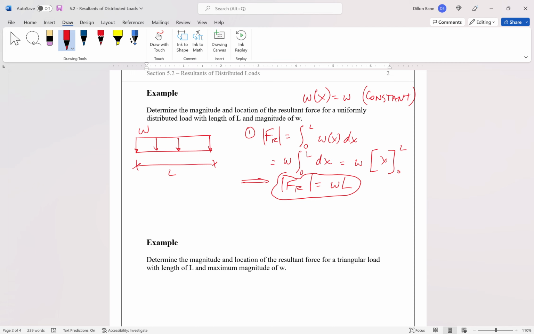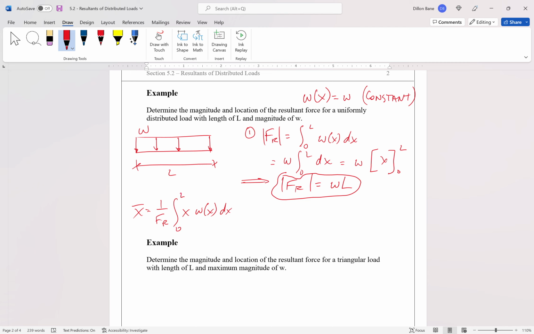That should make sense. And we've just proved it mathematically through our integrations, okay? The next thing we need to figure out is where do we put the resultant load so that it does the same thing? Where can we put it such that it has the same effect as the distributed load? So x bar is equal to 1 over Fr times the integral of x w(x) dx, right? 0 to L on the integration.